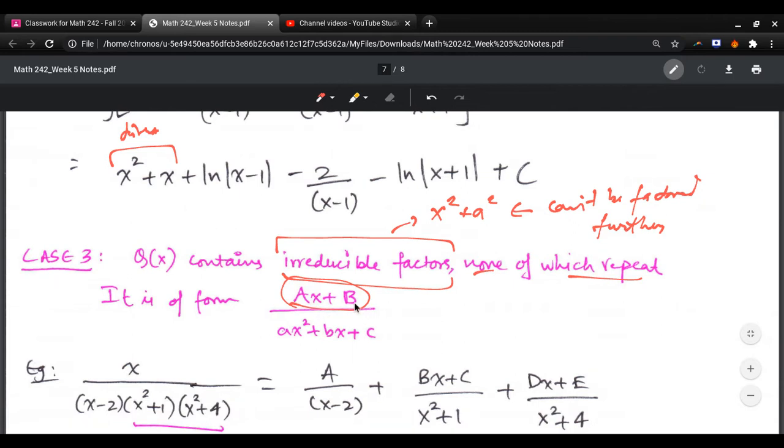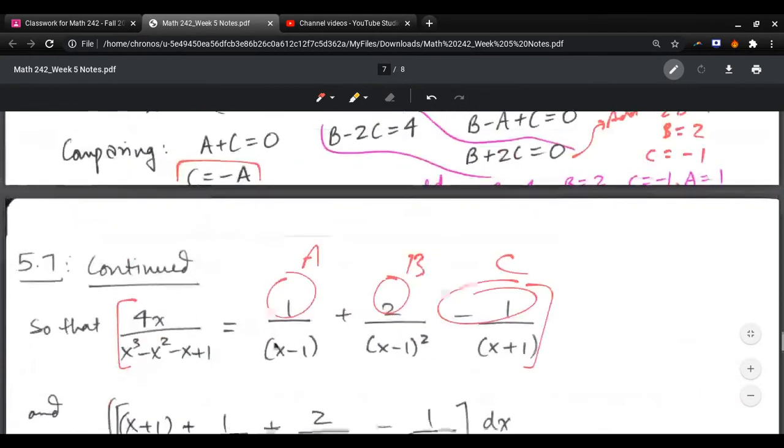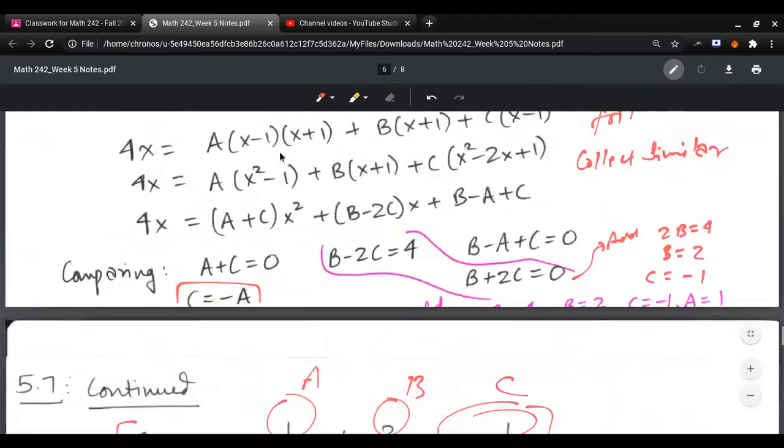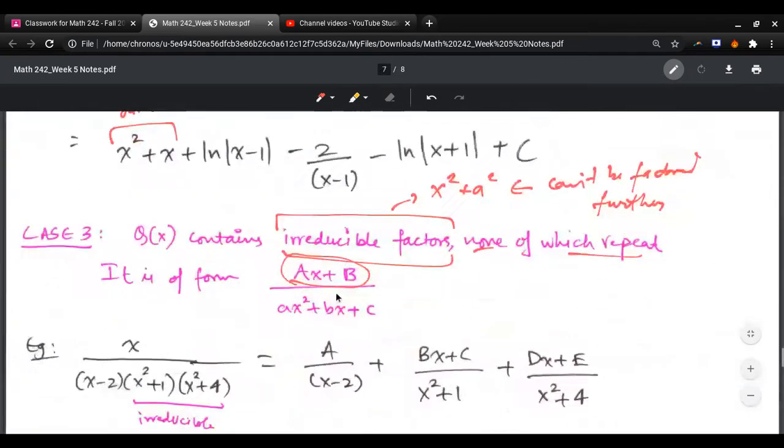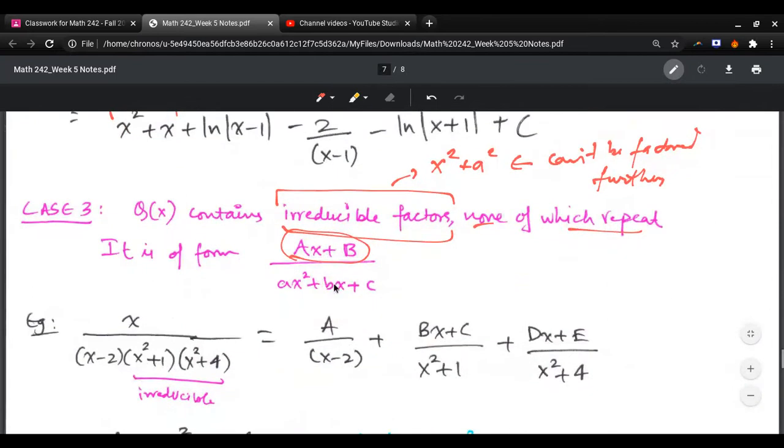The way you can remember this is that the difference between the degree of the numerator and the denominator has to be 1. In the previous case, since the denominators were degree 1, the numerator could be taken to be constants. Because the denominator here is degree 2, they have to be taken as ax plus b.